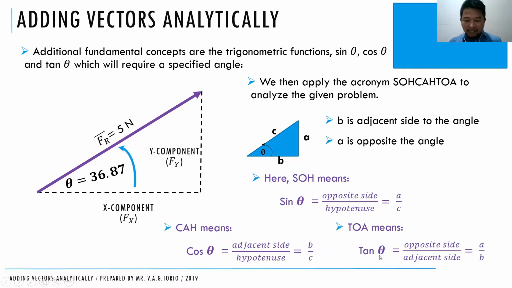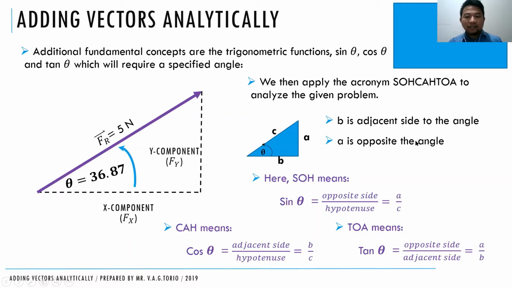TOA means tangent of the angle theta is equal to opposite side over adjacent side. The opposite side to angle theta in our small triangle here is A. That's why we have A here. And the adjacent side is B. That's why we have B here. So that's it. That's basic recall of our trigonometry.